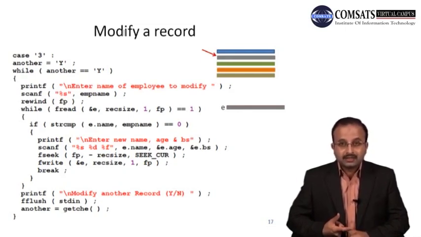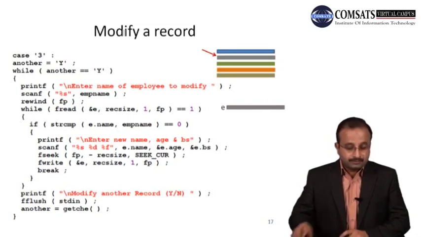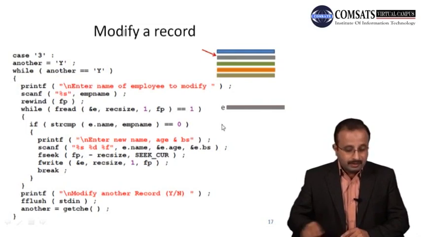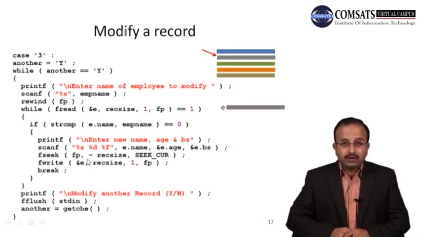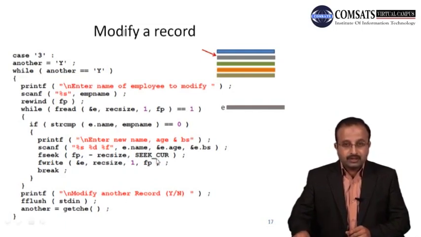So here, we want to modify the second record, and we identify it because the names are the same. Then we use the fseek function to set the position of the file pointer to the second record. After reading the second record, the file pointer points to the third record, and we said that from the current position, the beginning of the third record, move the cursor rect size bytes backward.